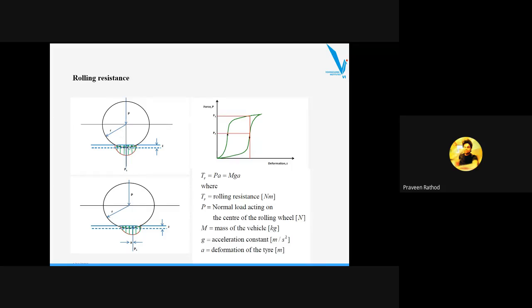So this is called loading. Here, whenever the tire rolls in this direction, the forward direction, wherever the deformation takes place is called the loading part, and here you can see this is the unloading part. That means the tire rolls here.